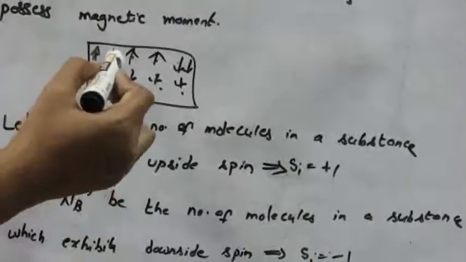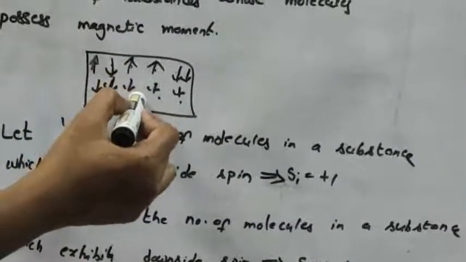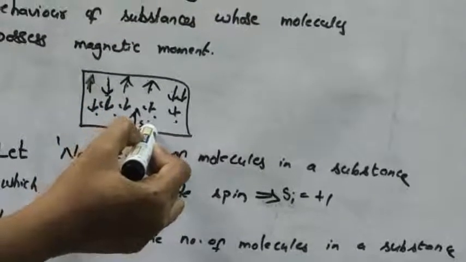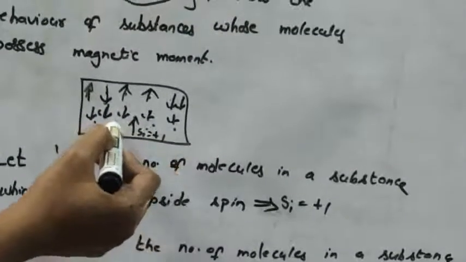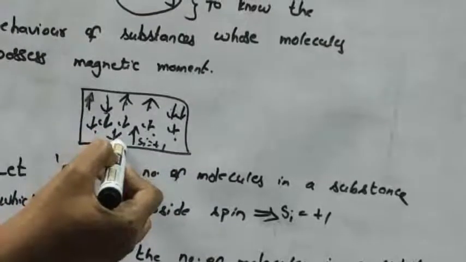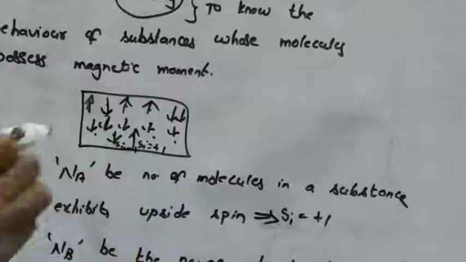If the molecules have upside spin, then the spin is denoted by Si is equal to +1. If the molecule has downside spin, then its spin is denoted by Si is equal to -1.